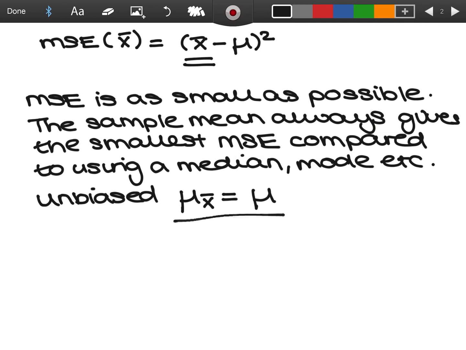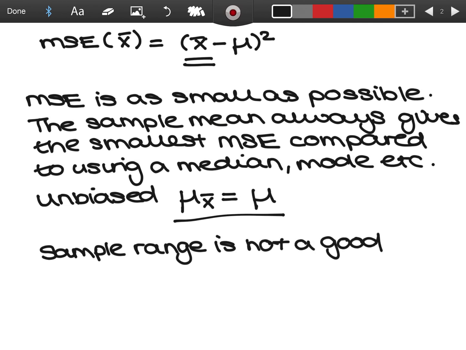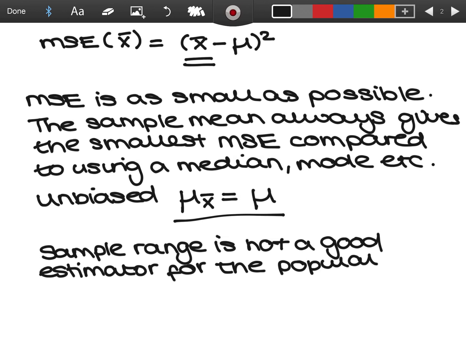Using a sample and taking its range to estimate the population range normally isn't a very good estimator. So the sample range is not a good estimator for the population range.